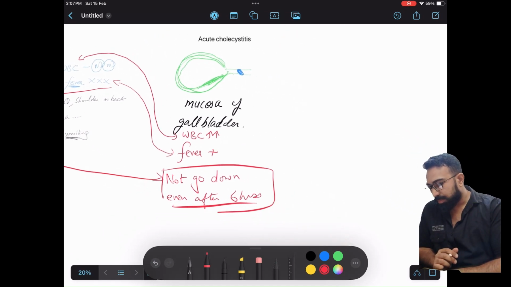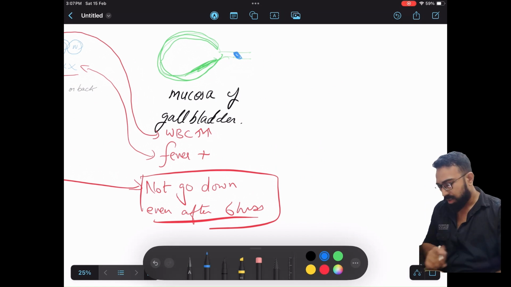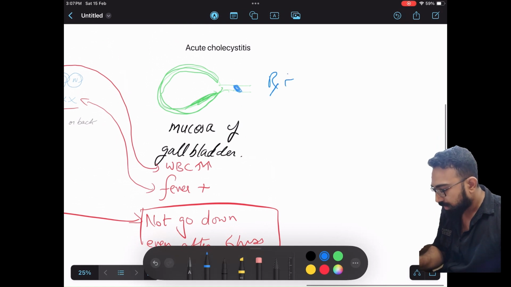This is what is cholecystitis. Now, what is the treatment for cholecystitis? The immediate treatment is supportive care.